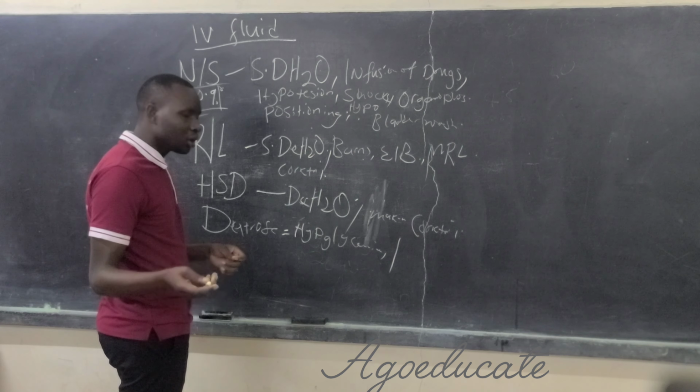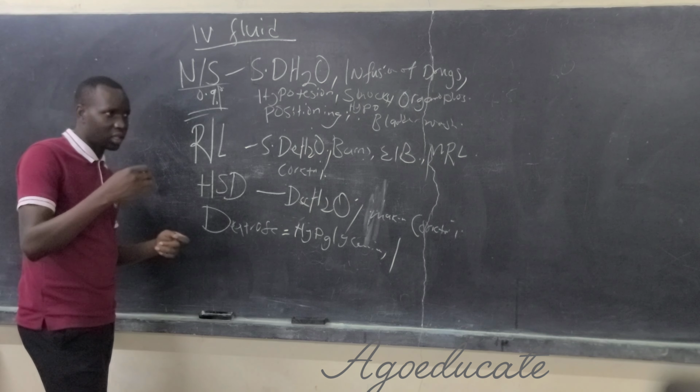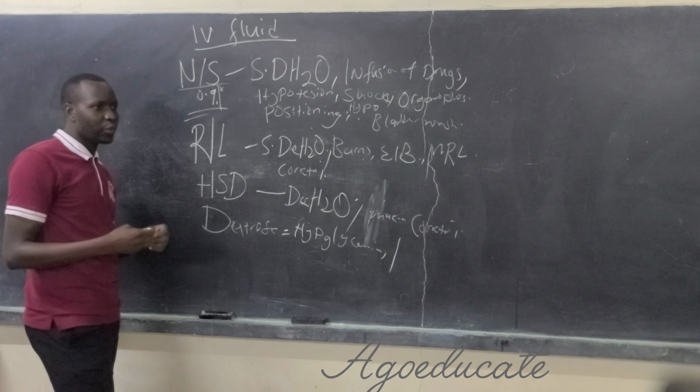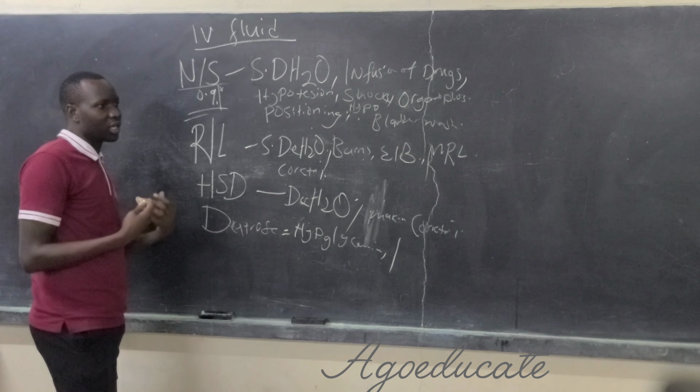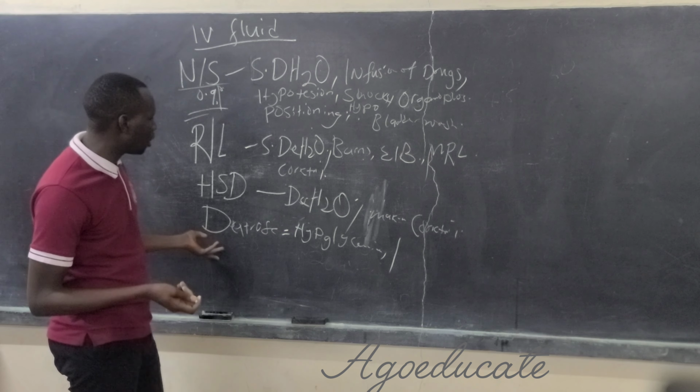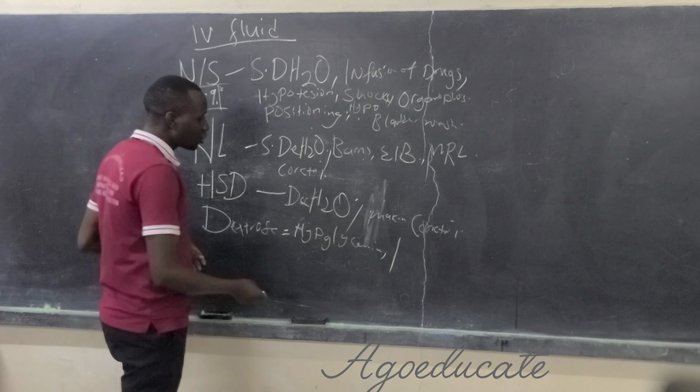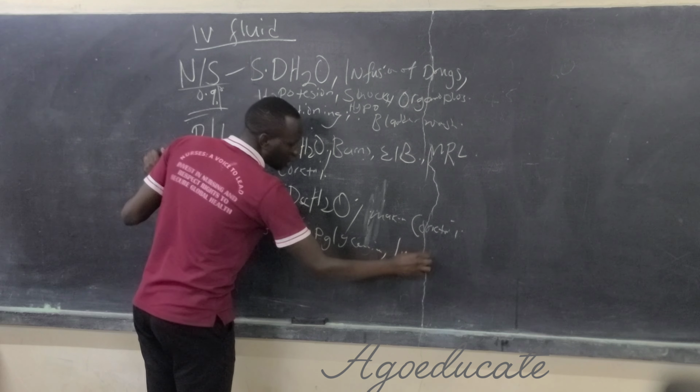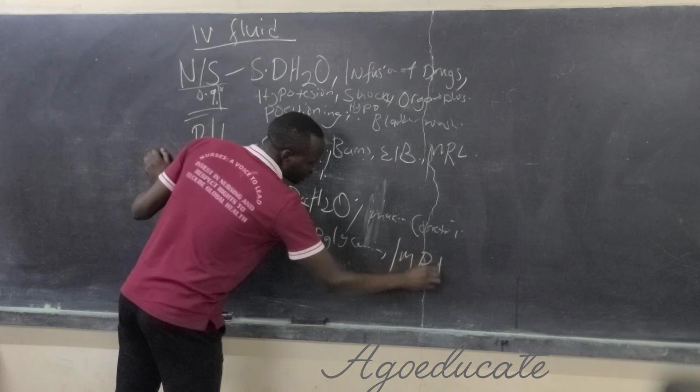For example, quinine. They can use dextrose 5% for giving quinine to counteract the hypoglycemic side effects of quinine. Also, they use it for making modified Ringer's lactate.